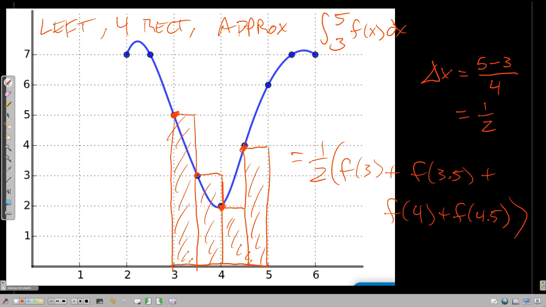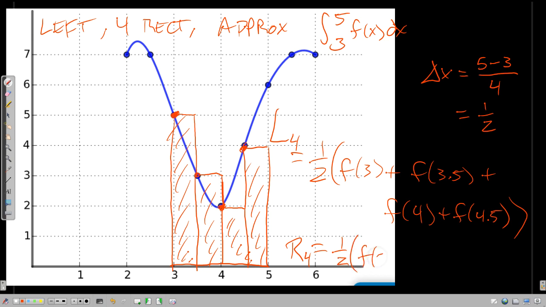I've seen this denoted like L4. It's a left Riemann sum of 4 rectangles. R4, on the other hand, the right Riemann sum of 4 rectangles, would not start with f of 3.